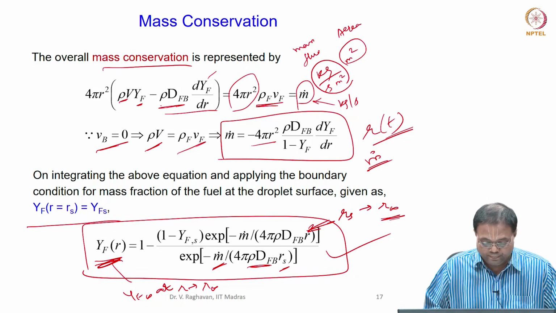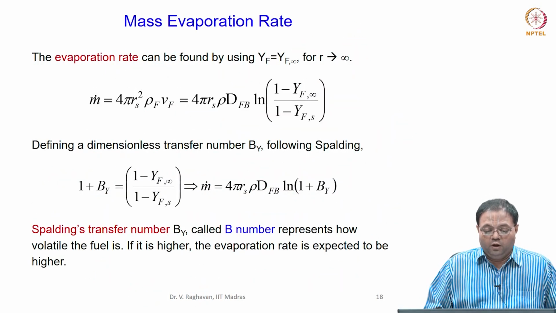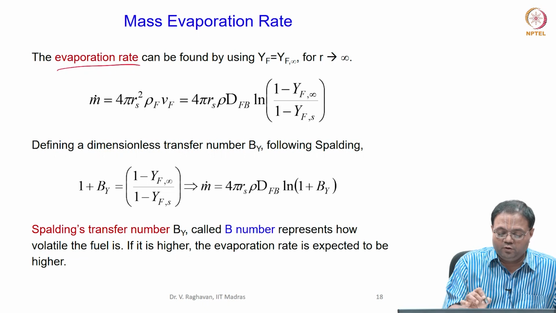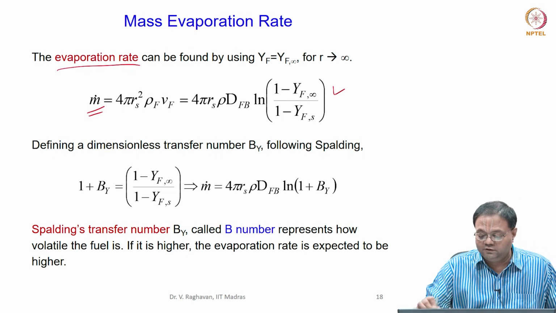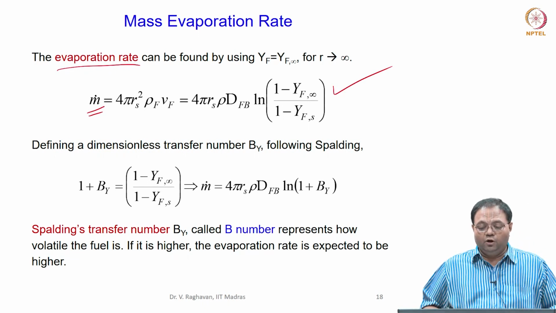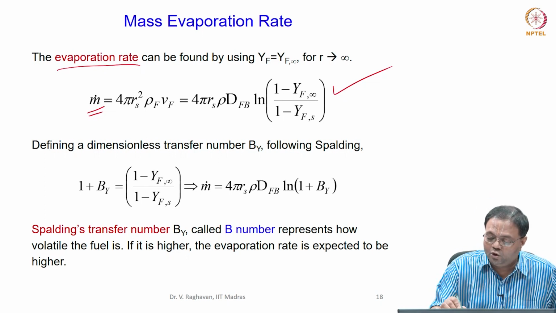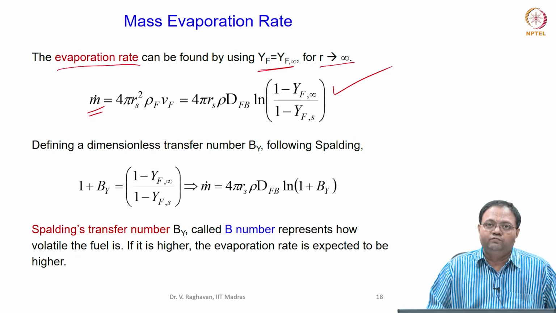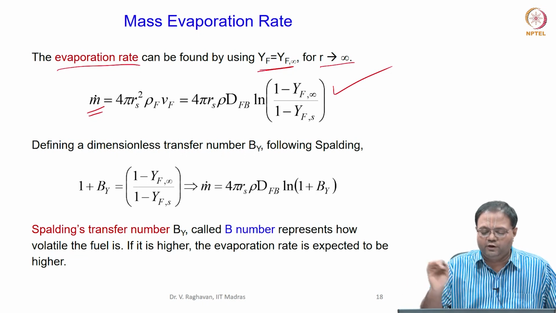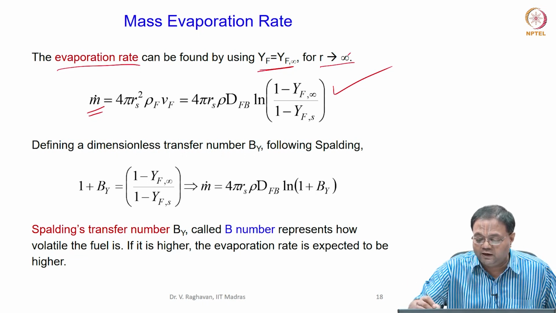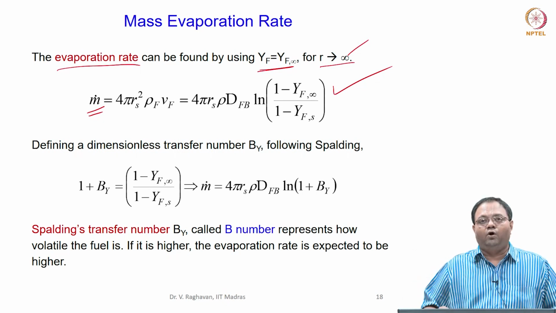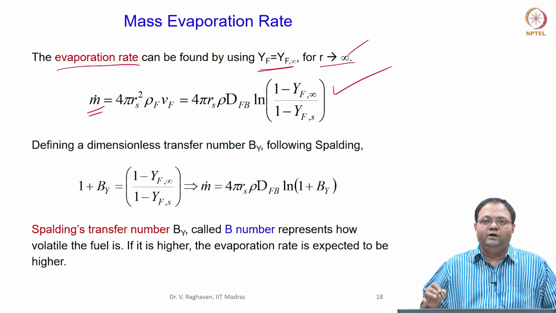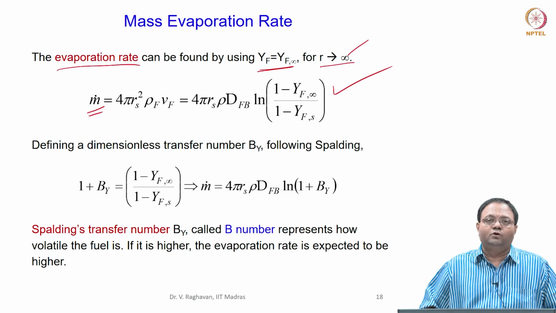Now, the evaporation rate can be found like this. This is a very important expression. Now, I substitute Yf equal to Yf infinity at r tending to r infinity. You need not take infinity; you can take a high value of r, called r suffix infinity, maybe say 100 times the droplet diameter and so on.